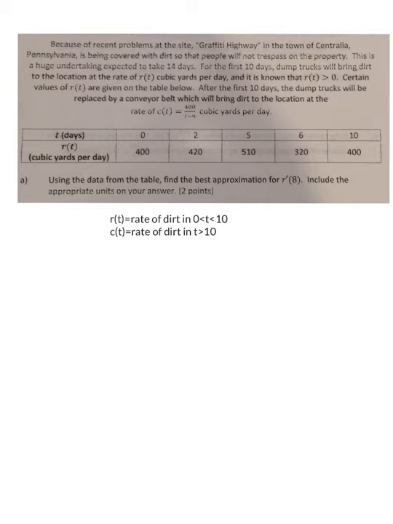All right, so now if you read part A, it says to find the best approximation for R prime of 8. Right there, you have to start to think, oh, mean value theorem. R prime of 8, that would be the mean value theorem. So then you're just going to do R prime of 8 equals. Now 8 is right here in between the 10 and the 6, so I'm going to use those values.